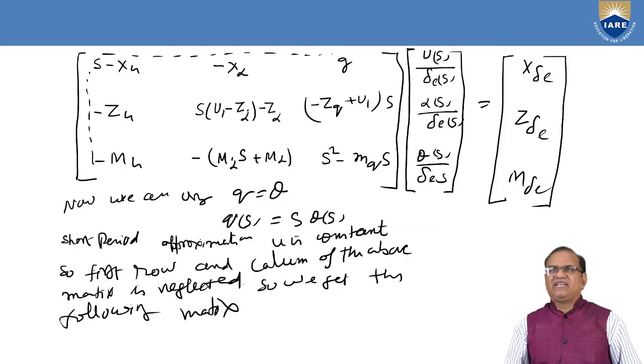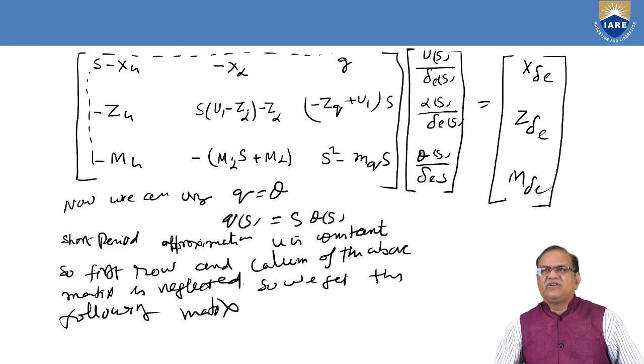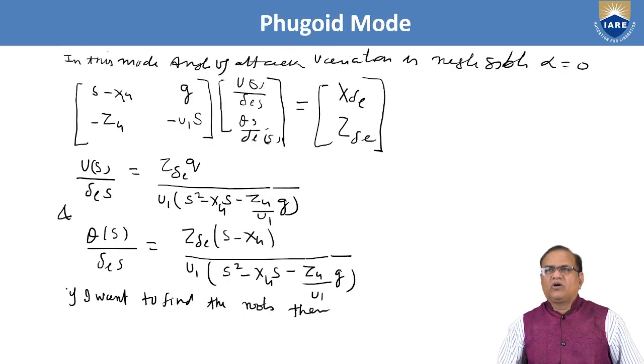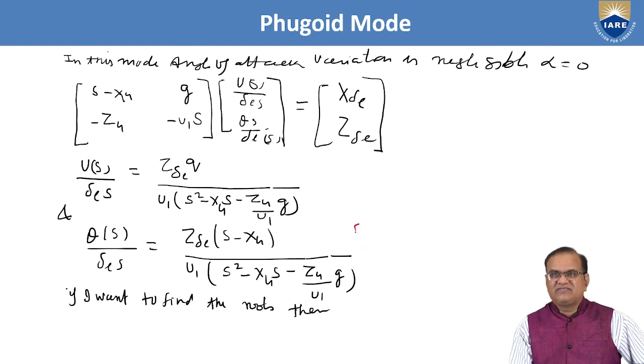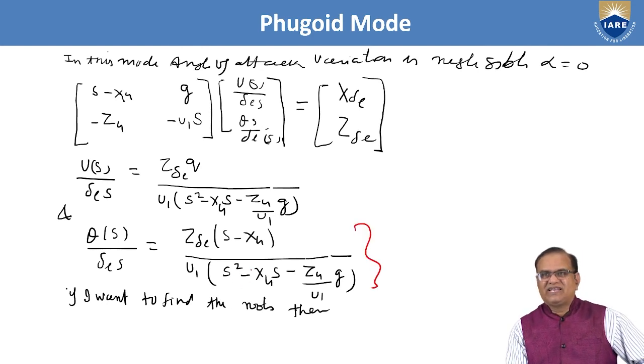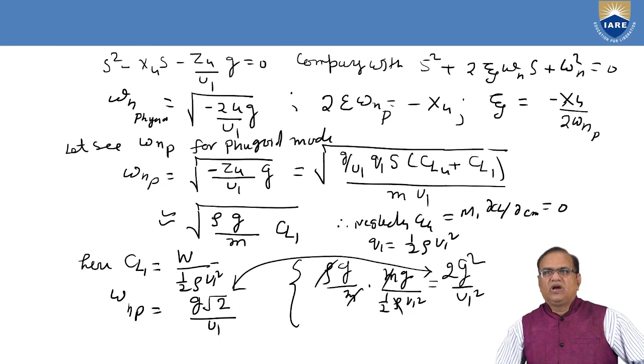This we have already discussed earlier, so we need not do much about all these things. And for the Phugoid mode, we can see here the equation: s square minus Xu s minus Zu by u1 into g. And from here, we can find the roots and calculate these values.